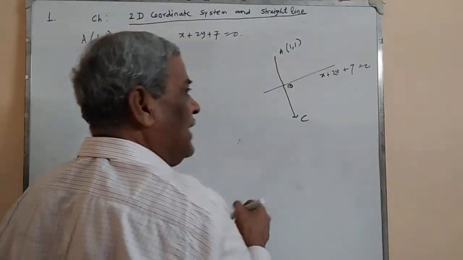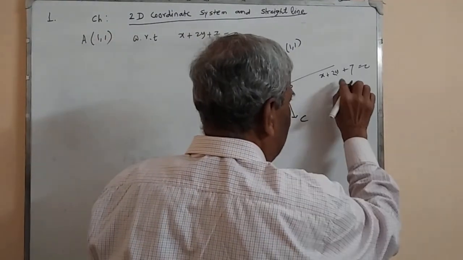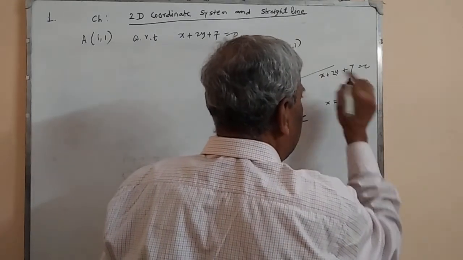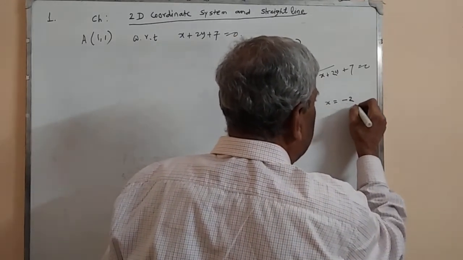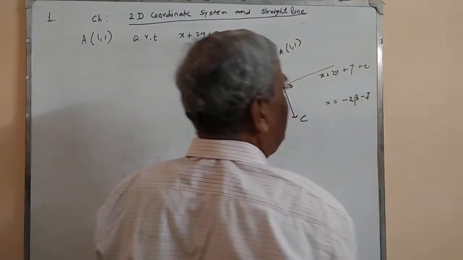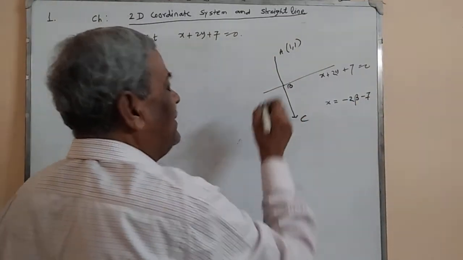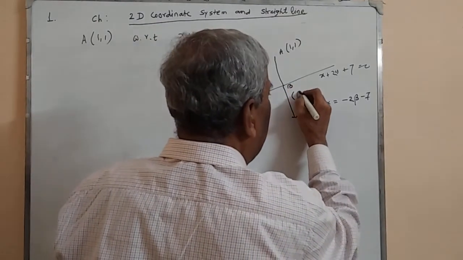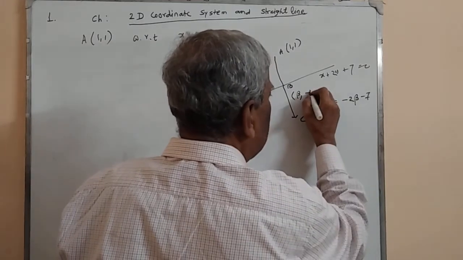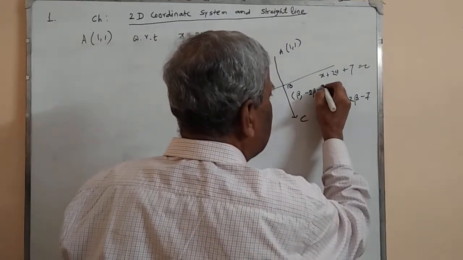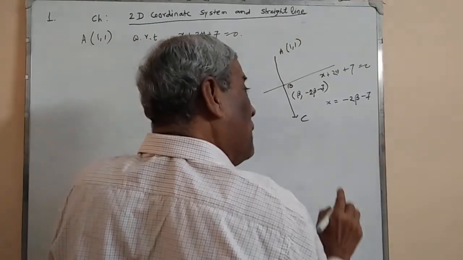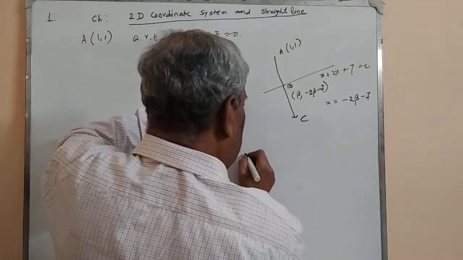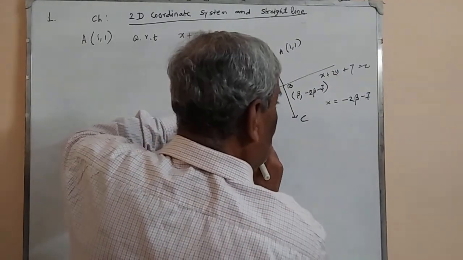Consider y is equal to beta. So x will be minus 2 beta minus 7. Then the coordinate of B will be beta comma minus 2 beta minus 7. You can verify by putting this point on that.